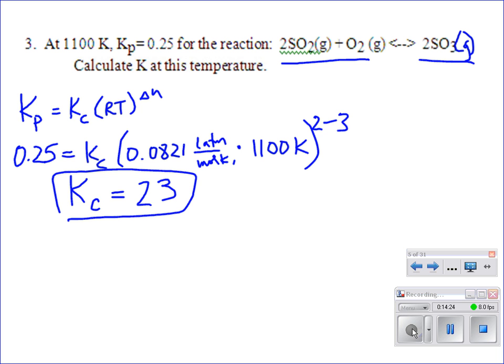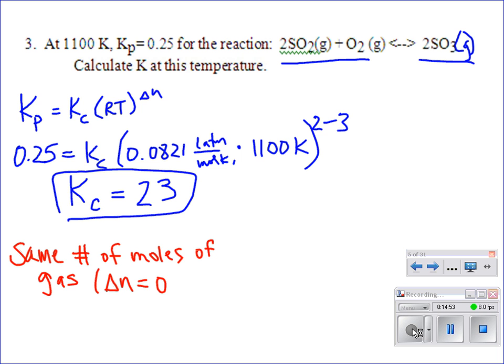All right, questions on that? Let me ask you, when would there be a situation when Kc would be equal to Kp? Look up there. When? Perfect. When you have the same number of moles of gas on each side, your delta n is equal to what at that point? 0, right?